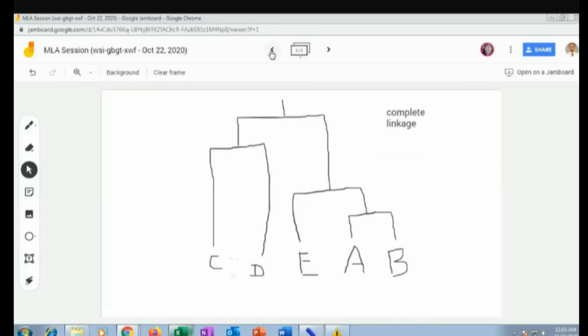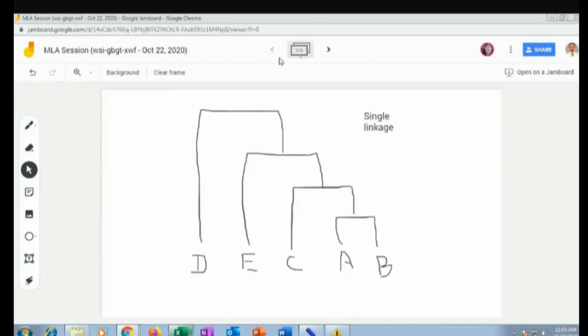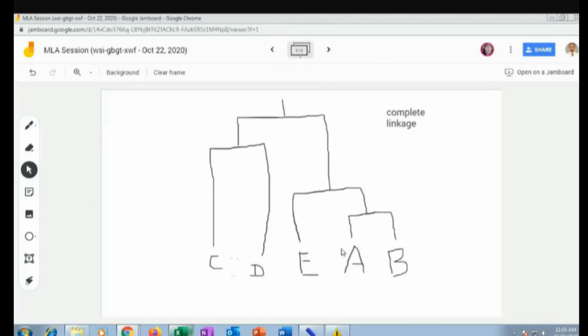The only common thing is that AB is merged initially. Again, the same thing. If you want to find out two clusters only, you can take a cut over here and you will have two clusters, CD and EAB. If you want to find out three clusters, you can have the cut at the third level, and then you will have CD and EAB, like that.